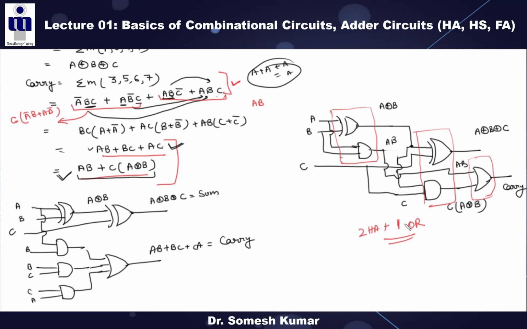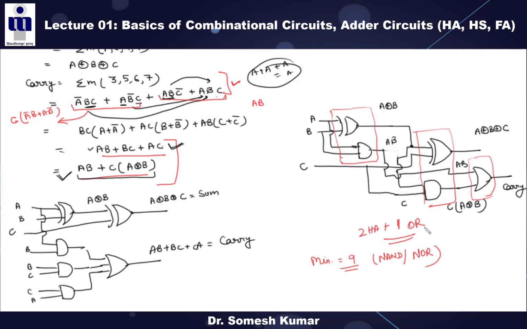The minimum number of NAND gates required to implement a full adder, I am directly giving you the answer: minimum number of NAND gates or NOR gates required is 9. 9 NAND gates or NOR gates are required to implement this full adder.